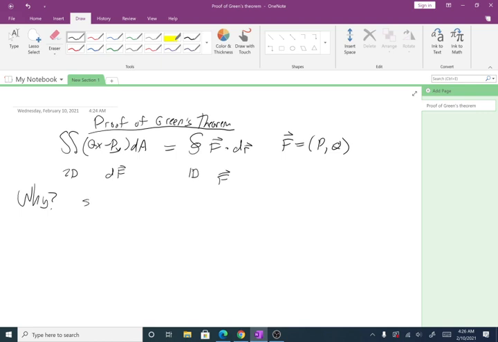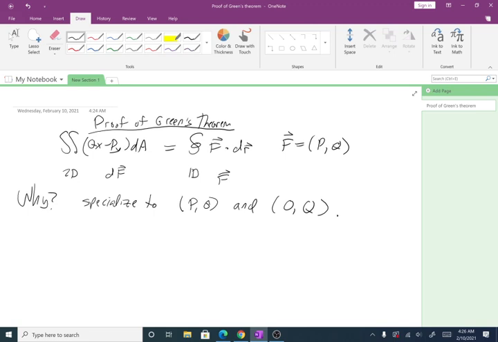So what you do is you specialize to P0 and 0Q. If you can show it in each of these cases, then surely you can just add the results. So these are a lot easier to think about.